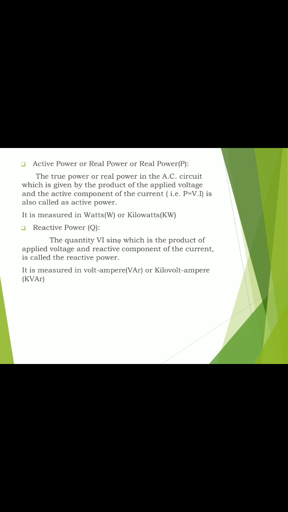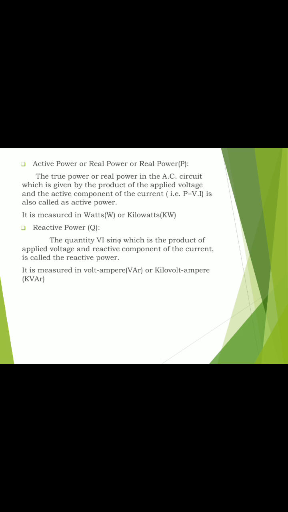Now how to find out the power? To find out power, we have first term active power, or you can say real power or true power. The true power or real power of an AC circuit is given by the product of applied voltage and the active component of the current, such as P is equal to V I cos phi. It is also called active power.